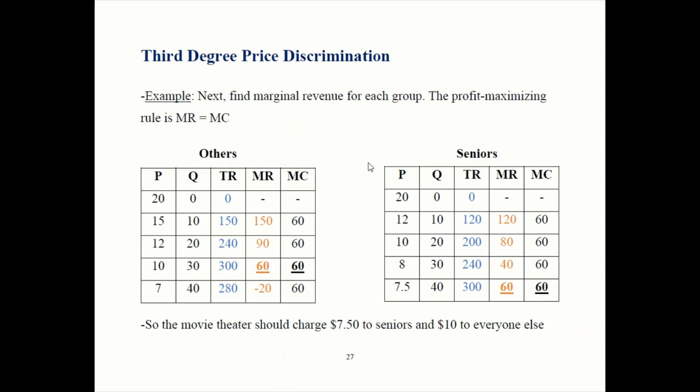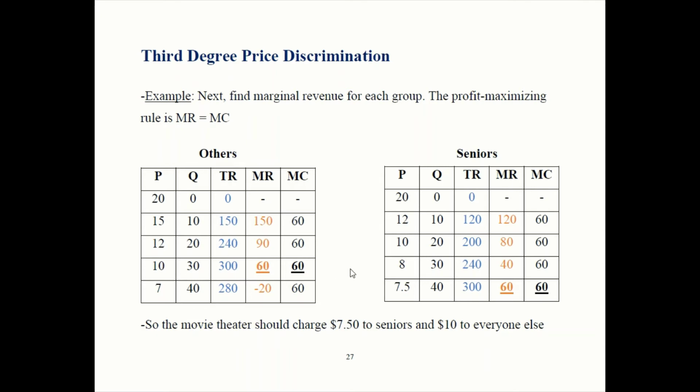Once you fill in marginal revenue, you apply that profit maximizing rule, MR equals MC. For others, the people who are not seniors, that occurs when price is 10 and quantity is 30.